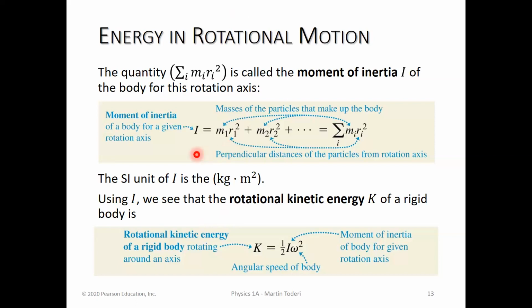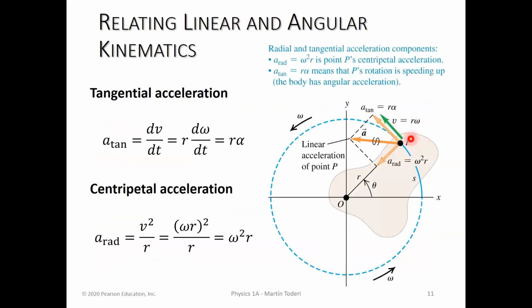So Nathan is asking, is R not constant? Why can it be taken out of the sum like angular velocity? Well, it's not constant for each of the particles, Nathan. So let me just go back a second here. If you stand on one particle, one small portion of your rigid body, then you have a defined R, right?